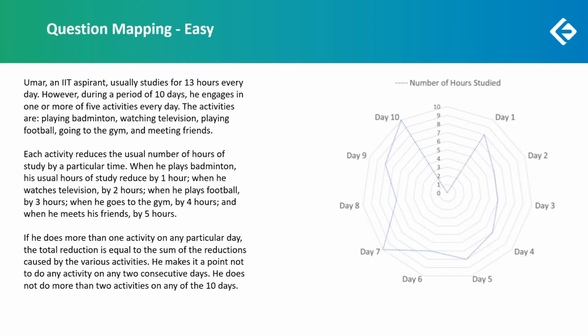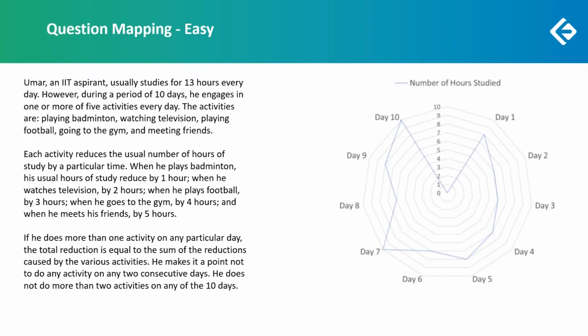And it is given that if he does more than one activity on any particular day, the total reduction is equal to the sum of the reductions caused by the various activities. Also, the most important point here, he makes it a point not to do any activity on any 2 consecutive days. And also, he does not do more than 2 activities on any of the 10 days.